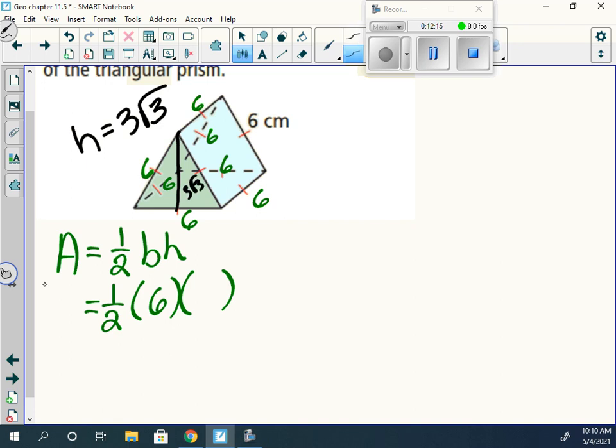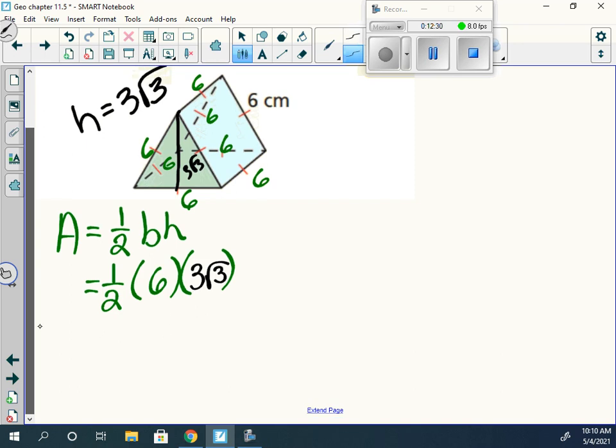Now, I went on and gave you the height of the triangle. 3 square root of 3. I'm not going to make you go through the process of actually finding what the height is. So the height of the triangle is 3 square root of 3. So if we want to find out what the area of one of the bases is, we just need to multiply these together.